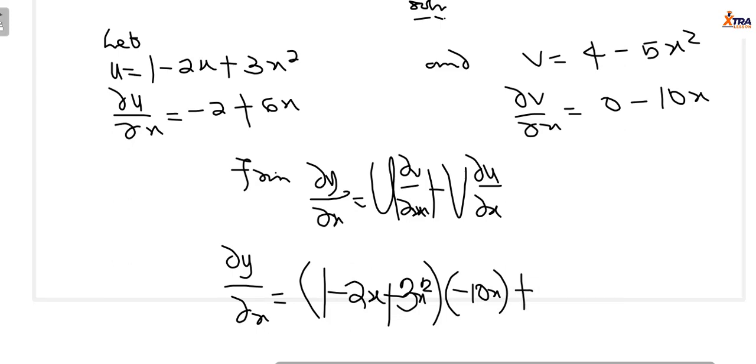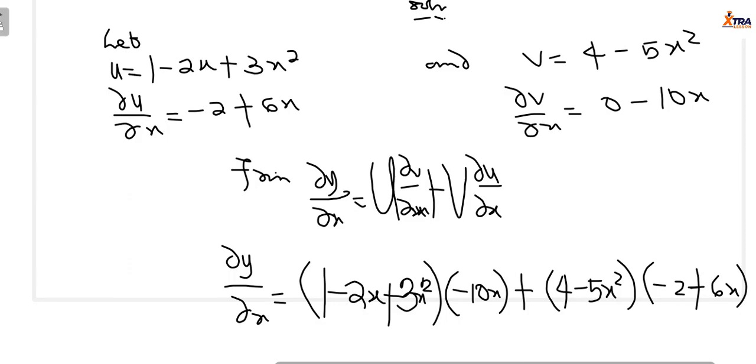Plus v. What's v? 4 minus 5x squared. So the du over dx, we have brackets minus 2 plus 6x.